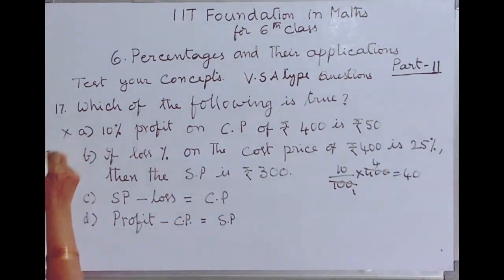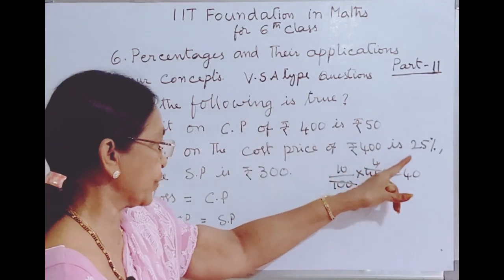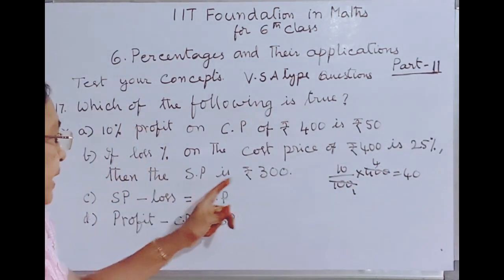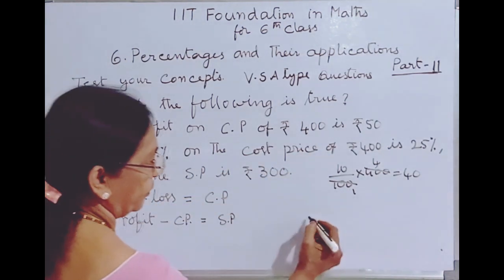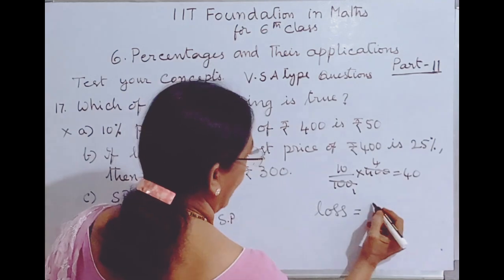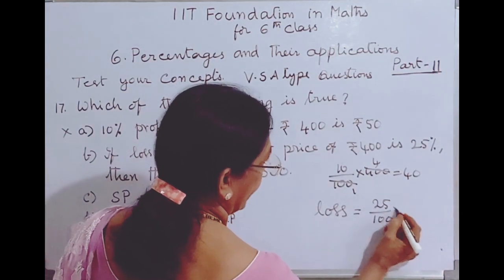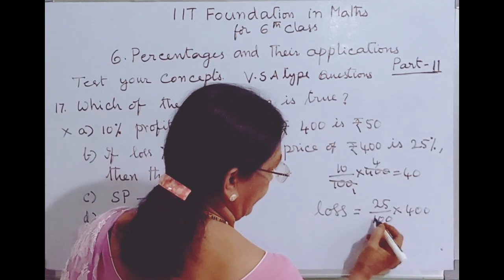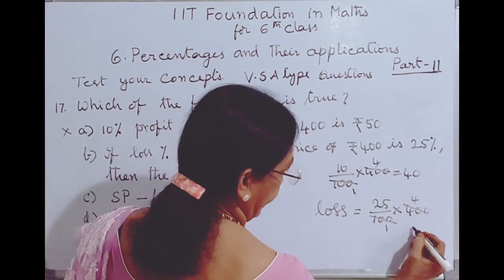Therefore this is wrong. If loss percent on the cost price of rupees 400 is 25%, then the selling price is? Loss percent is on the cost price, therefore we can calculate the loss. Loss is equal to 25% on the cost price of 400. 100 ones 100, 25 fours 100.